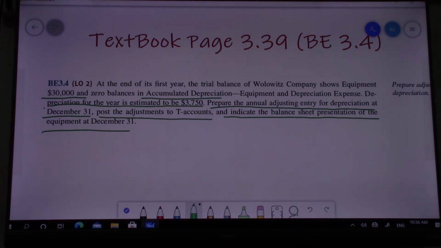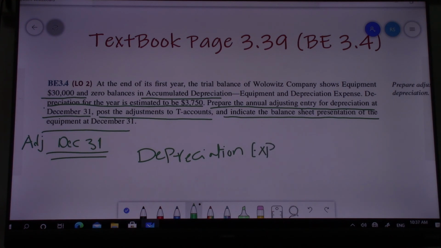So here we are required to perform three requirements. First, you are required to perform the adjusting entry, and as we have stated before, on December 31st, for depreciating the equipment, you should recognize depreciation expense.